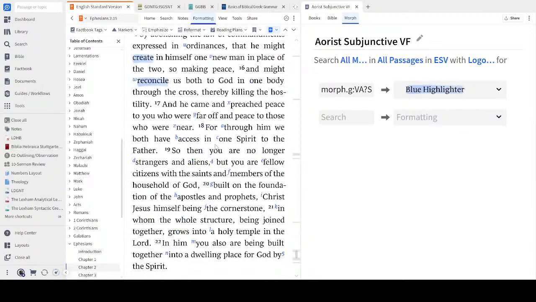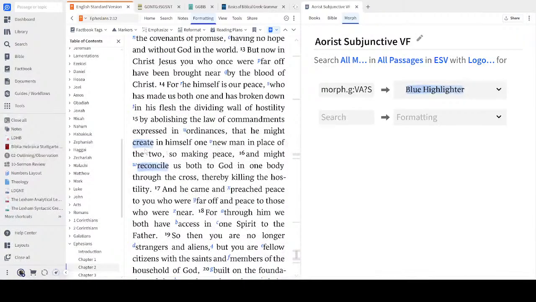There we go. It's showing up my aorist, and I wanted to bring up the aorist, and I wanted to do it this way because I wanted you to see from the text the differences.